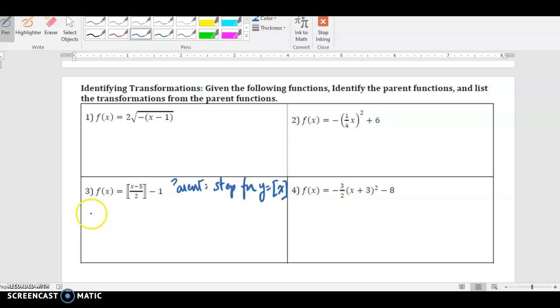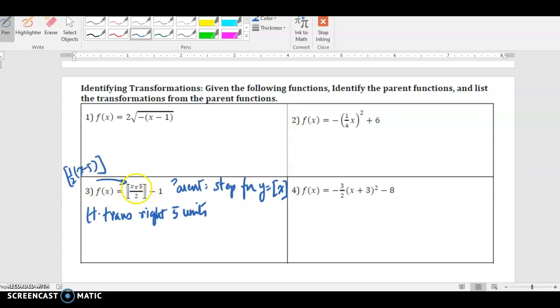It's a naughty child. There is a horizontal translation. I just use short forms. You can use H and T. That's fine with me. Horizontal translation, right 5 units. And there is a half here. You can write it as half of x minus 5 as a step function.